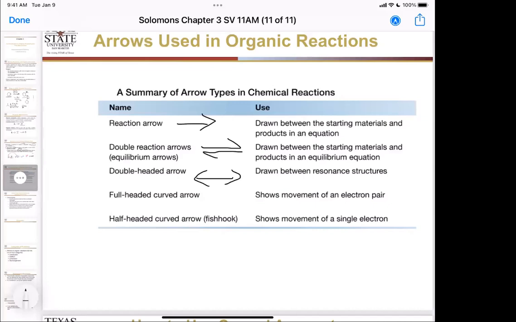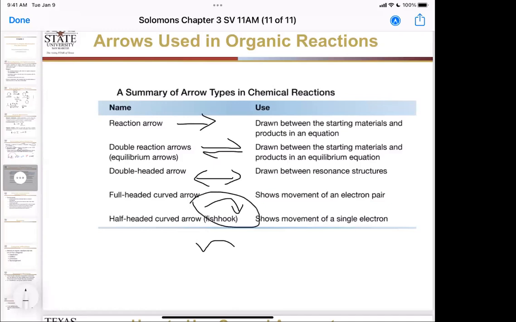Then we have our full-headed curved arrow, and then it has to be curved if we're moving 2 electrons. And if we're moving just 1 electron, it's going to have 1 little arrow. And we will do that in chapter 10, where we only move 1 arrow, 1 electron. But for the most of the mechanisms we're going to start with, we're going to be moving 2 electrons. So you want 2 prongs on your arrow when you're moving electrons.